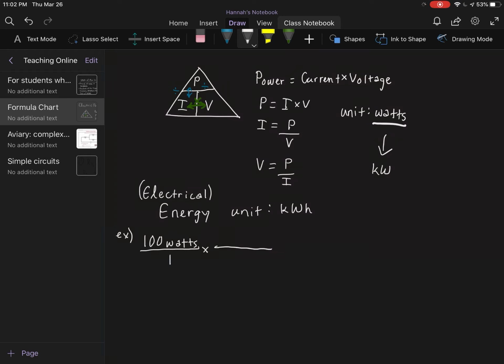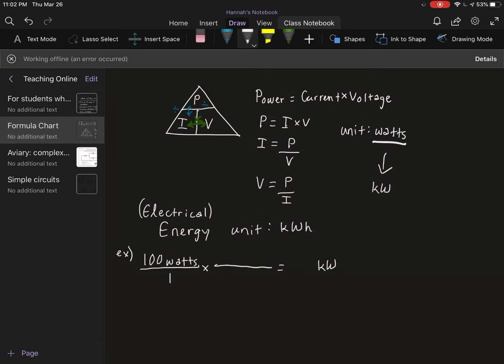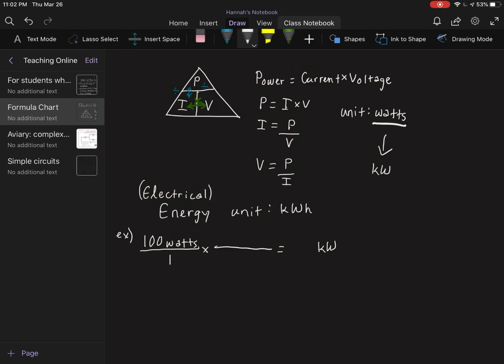And we want our watts to cancel, and we want to end up with kilowatts before we move on to the next step, which is kilowatt hour, to get kilowatt hours. So we need to divide by watts. So some amount of watts per kilowatt. Okay, and since kilowatts are bigger, we say that the smaller thing ends up being equal to 1 kilowatt.